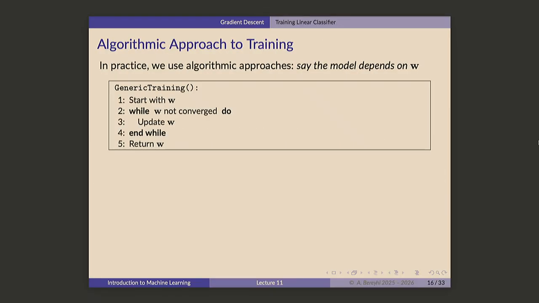Now, if we don't have the final solution, if it's not a convex problem like those we solve up to this point, the only way that you can think about optimization is to use an optimizer. What is an optimizer? You start with a bunch of weights. You somehow find out how you should update.